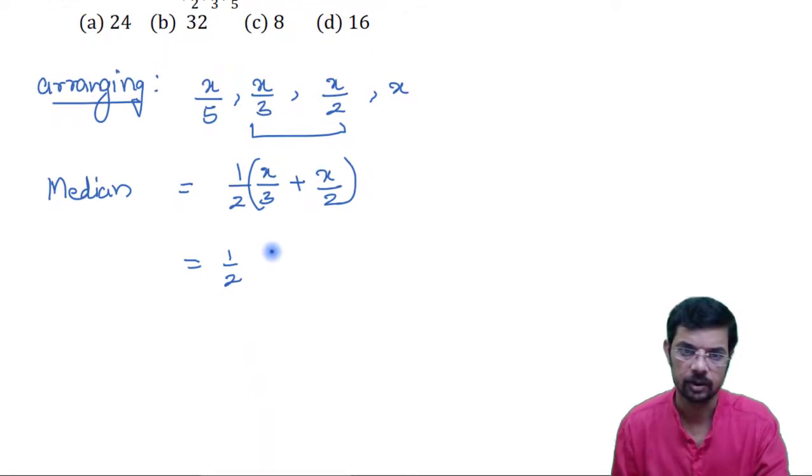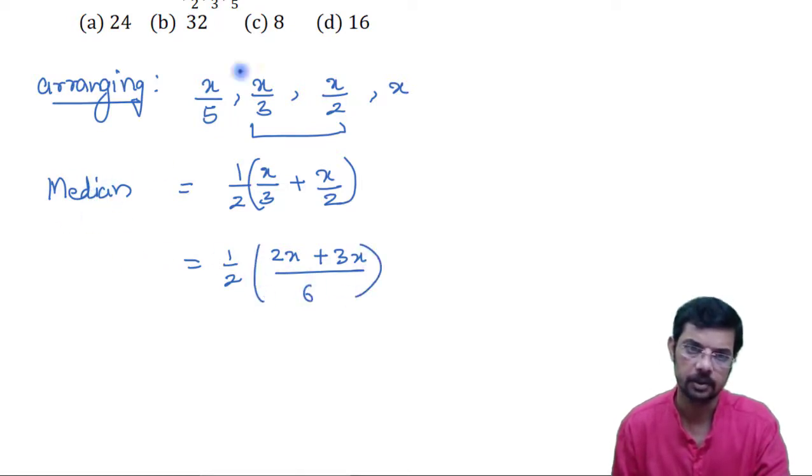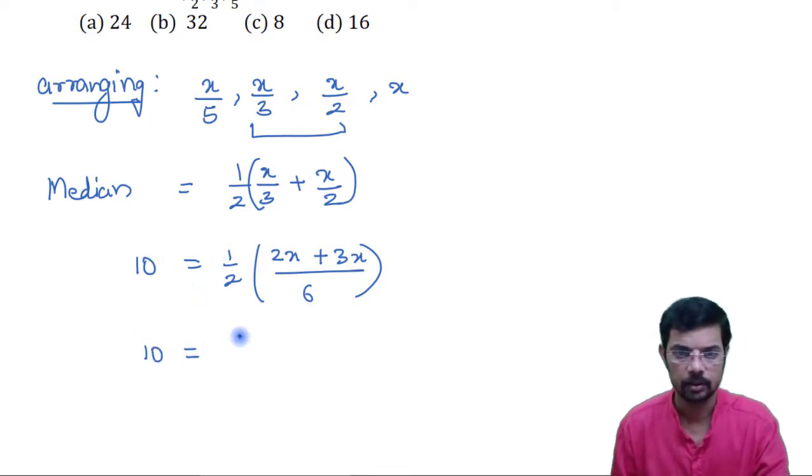Let me simplify: 2x plus 3x divided by 3 into 2 is 6. The median is given to you as 10. So 10 is equal to 1 by 12, 6 into 2 is 12, and here we have 2 plus 3 is 5 into x.